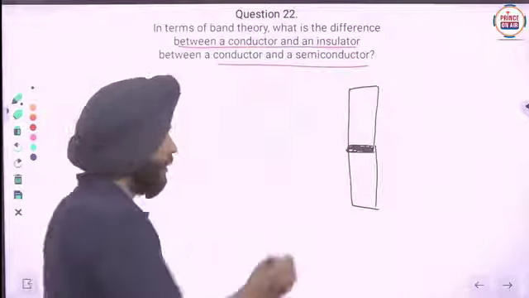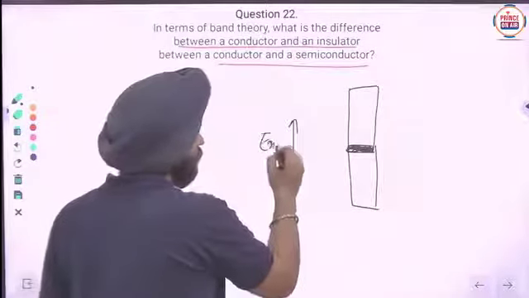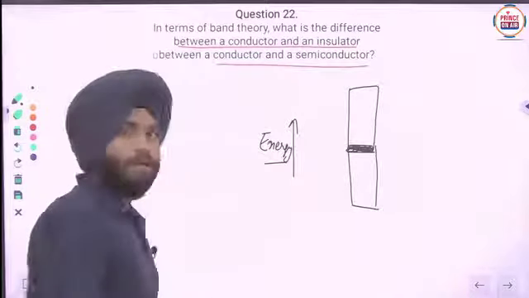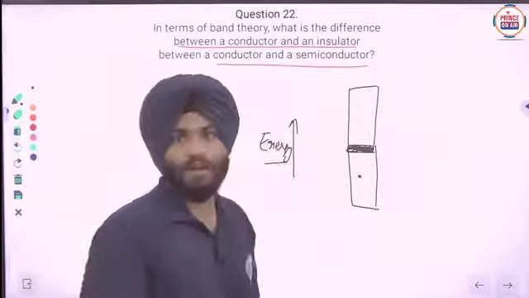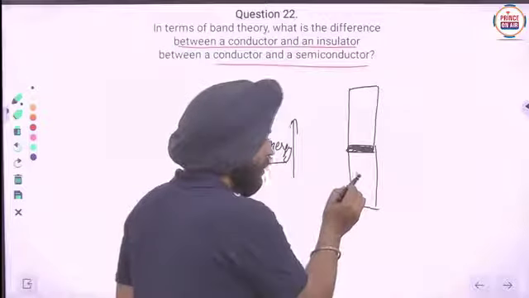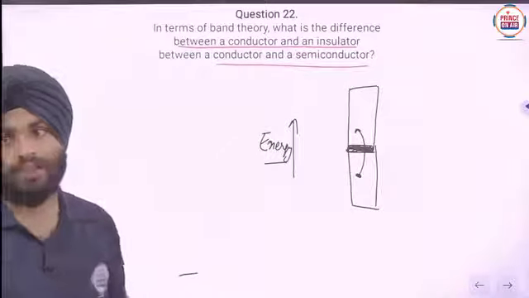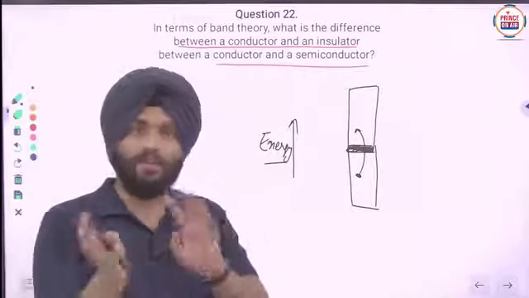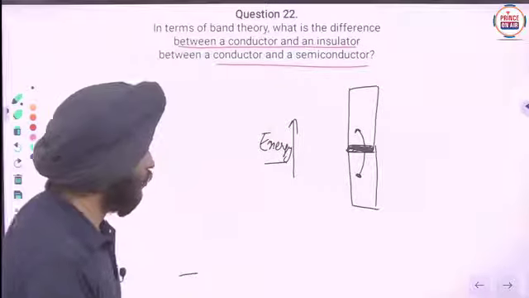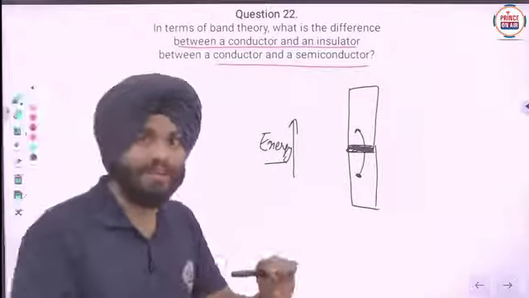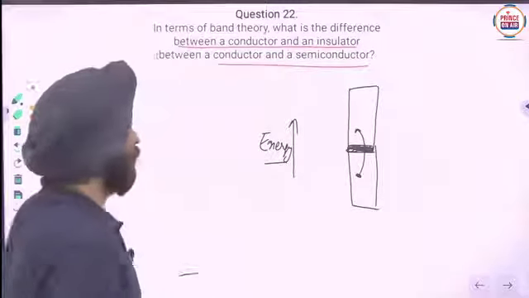If I make this in graphical form, with energy, only a little amount of energy is required for an electron to absorb that energy and go between the conduction band and valence band. That means there will be a transfer of electrons from the conduction band to the valence band or from the valence band to the conduction band.